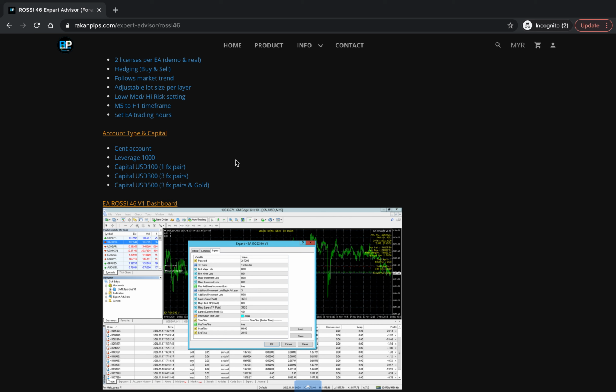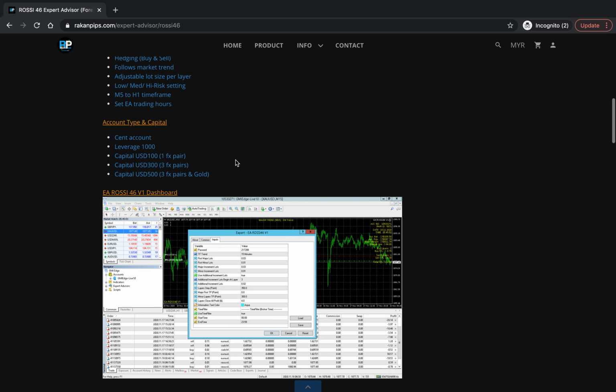For example, if the trend is an uptrend, the EA will open a larger lot size compared to the opposite trend. It will open both trades together but with a different lot size, and we can customize the lot size based on our account capital.